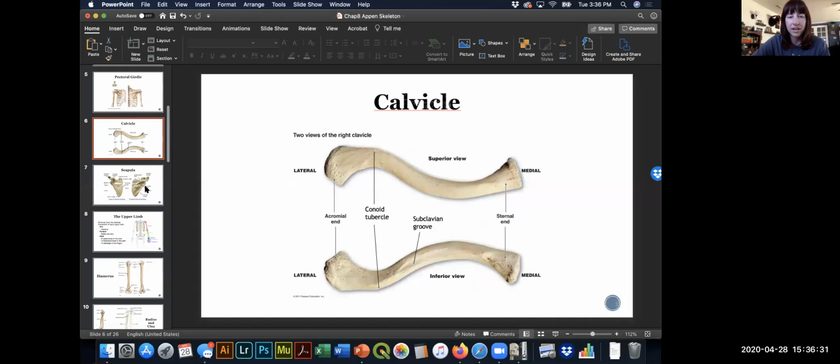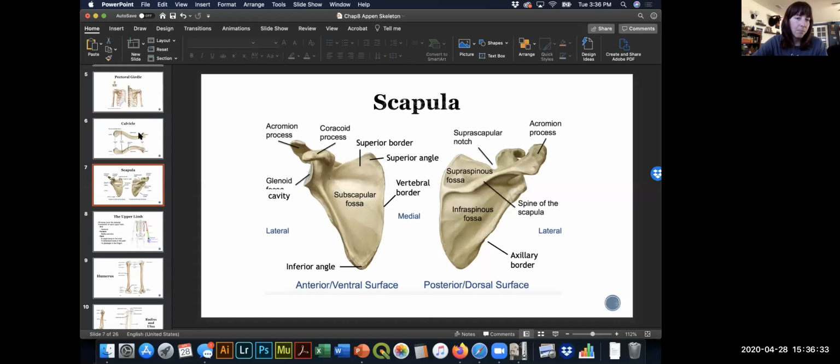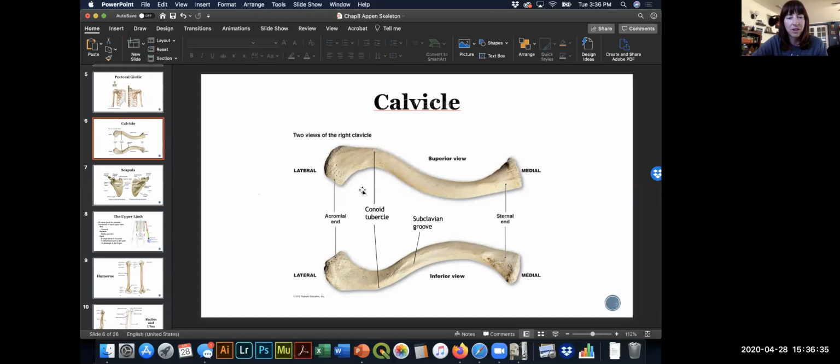Your clavicle and your scapula have some markings. The only ones I wanted you to know for your clavicle are the acromial end and the sternal end. The acromial end interacts with the acromion process of your scapula, and the sternal end is always medial, right?